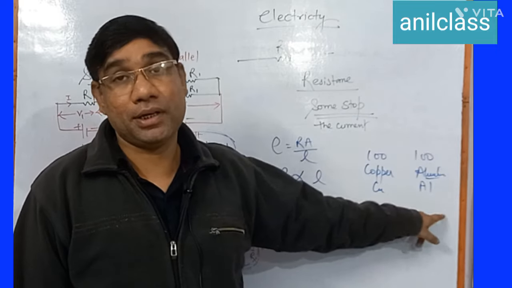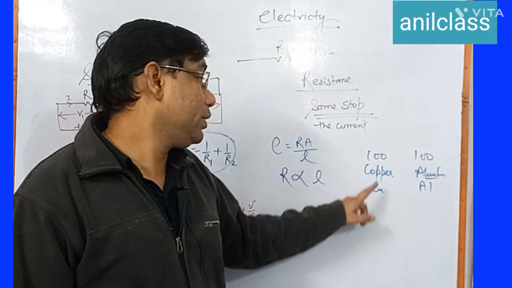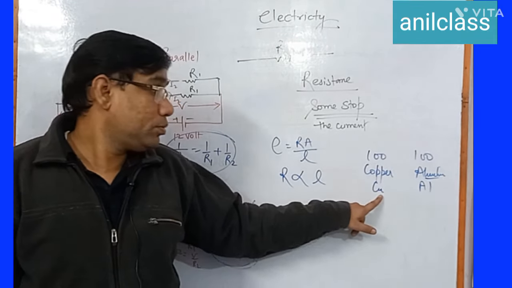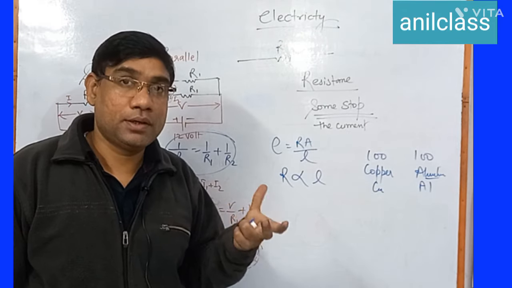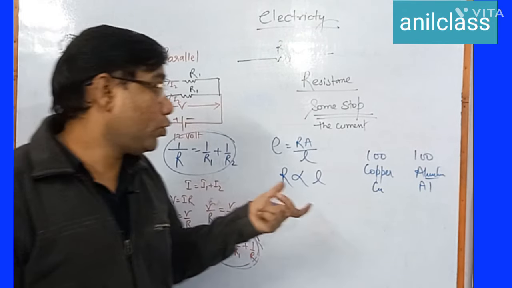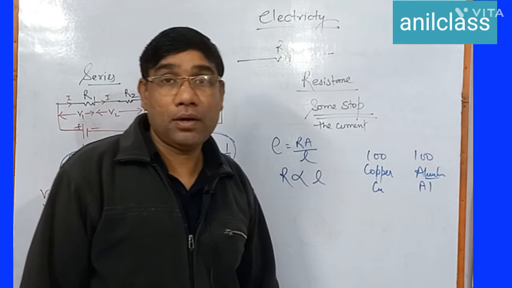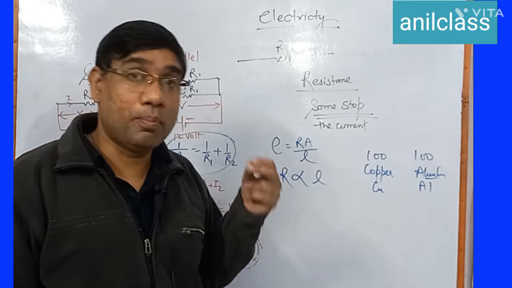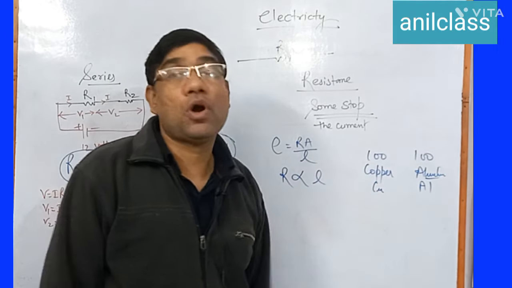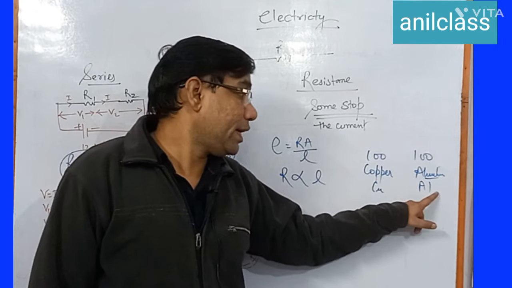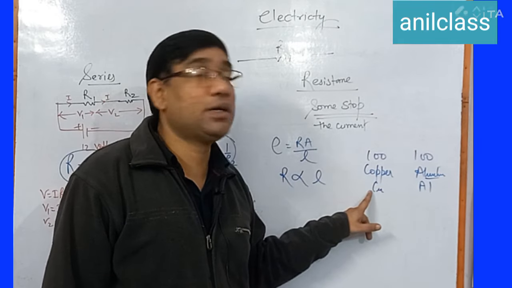You can see the copper wire bulb is dimmer than the aluminum wire bulb. The aluminum wire bulb glows more brightly than the copper wire because it has lower resistance, and copper has bigger resistance.